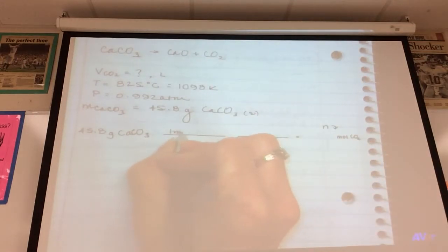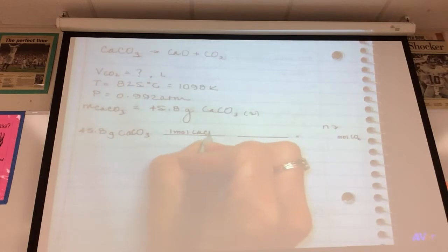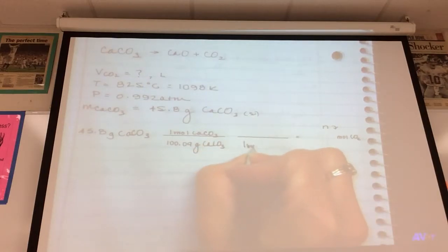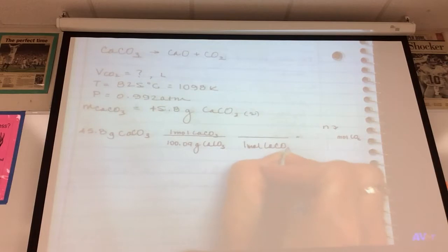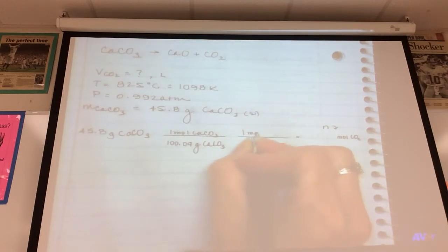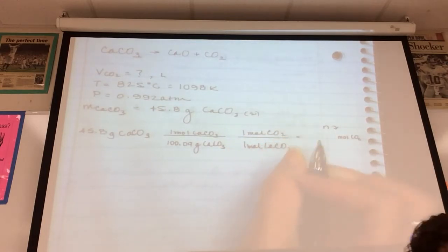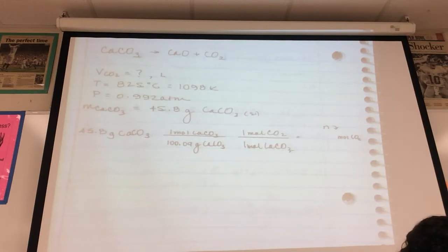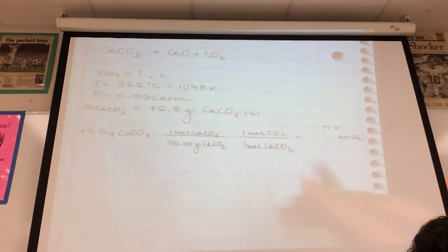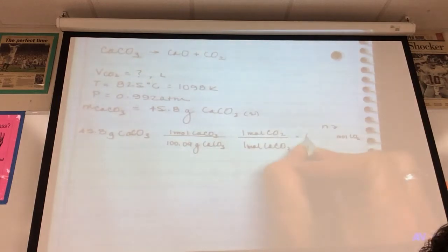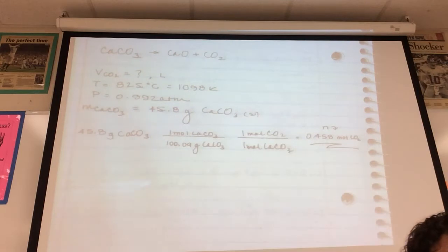So 1 mole of calcium carbonate is 100.09 grams of it. And then 1 mole of calcium carbonate is 1 mole of CO2. And we have 0.458 moles. That's the n.